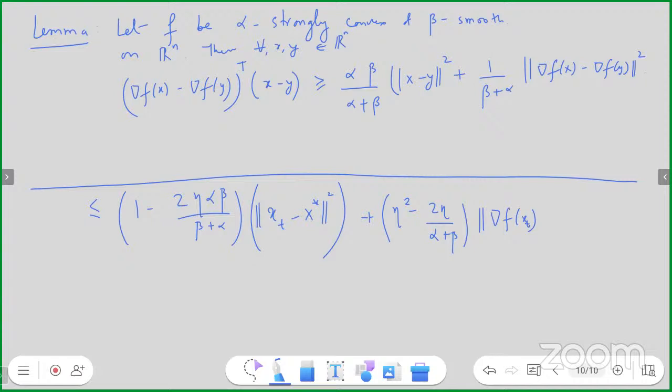Xt. This term as well as that term where del f of x star is 0. So all I get is del f of xt. And what can I write this as? The other equality. What more can you?